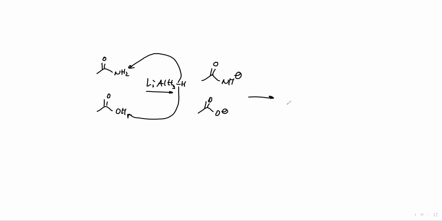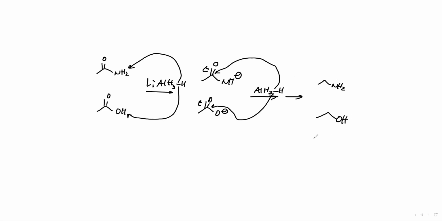Now, it's not to say that we can't reduce. Remember, lithium aluminum hydride is like the mother of reducing agents. It will destroy anything. And so we will get eventual attack on both of these systems, and then eventual reduction. So this will eventually go down to this, and this will eventually go down to this.